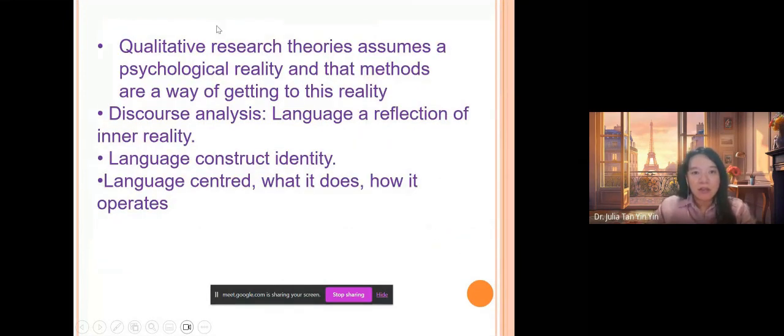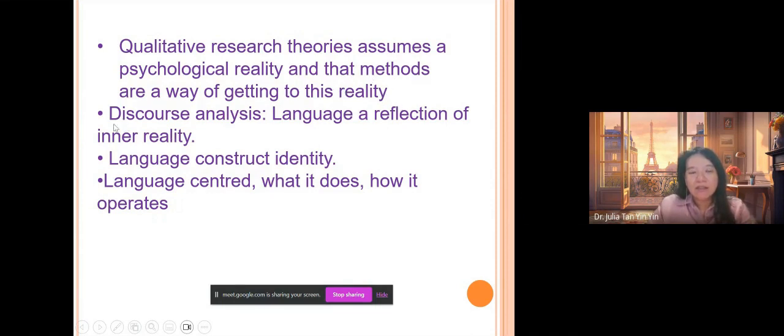Qualitative research also assumes a psychological reality, and that methods are a way of getting to this reality. We want to know the reality more, so we go to the place, we stay there, or we mingle with the people there. We want to be nearer to the reality.